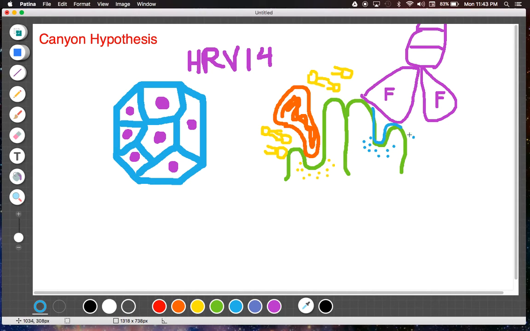But since it is too bulky to fit inside there, it's only going to react with these residues on the outside of the canyon. And these residues on the outside are highly variable, and they mutate a lot. But even though they mutate quite a lot, they are not necessary to the function of the virus.